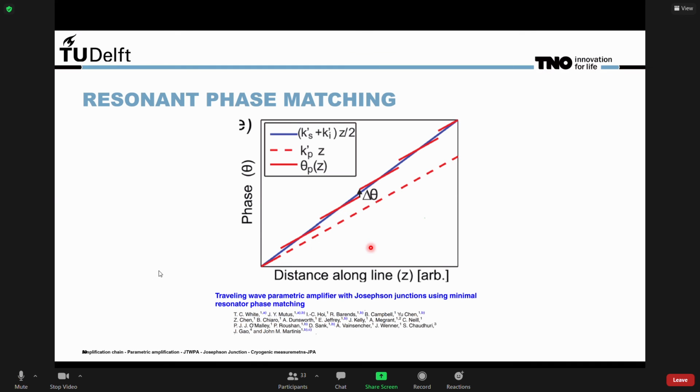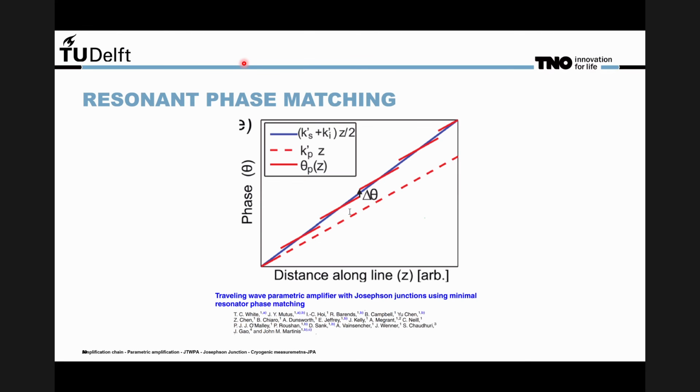I see one question in the chat, and there are two questions actually. What could be the use of such an application that you researched? And the second one is, what is a TWPA? Okay, I'll start with the second one first.